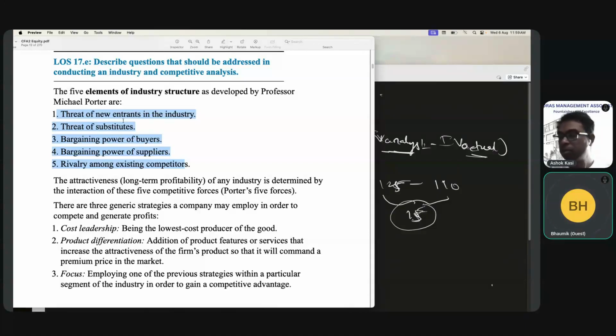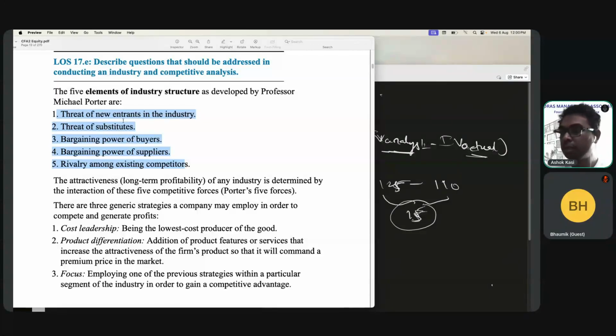Then threat of substitutes. So substitutes, how much are you worried about the substitutes? If people do not have any substitute, then obviously if you raise the price also, they will come to you only. But if there are substitutes, that means if you raise the price, they have the ability to go back to your competitor. Say for example, substitutes means, if one car is too expensive, I can go to the substitutes of another car which is similar, or mobile.